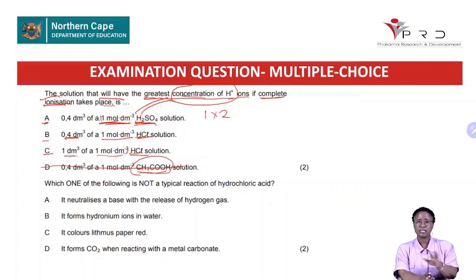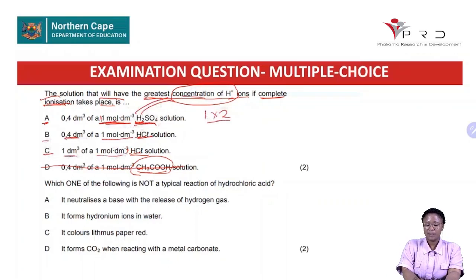Remember, when we are dealing with H2SO4, we must not forget to multiply the concentration by 2, because H2SO4 is a strong acid and it must ionize completely. Now, when we multiply that by 2, it is going to give us 2. So the concentration of H3O plus from H2SO4 will be 2 mole per decimeter cubed.